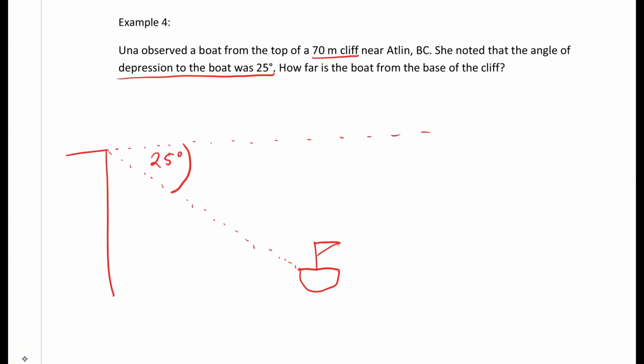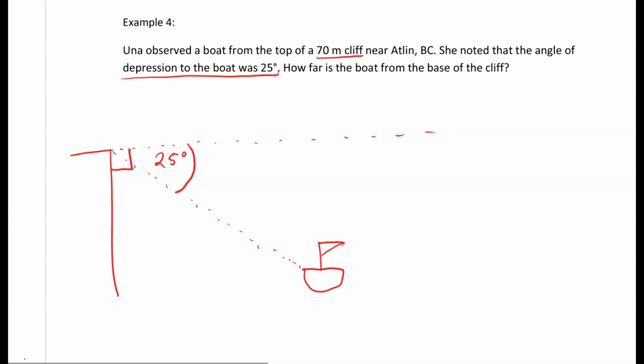With the cliff dropping straight down, what we're going to get at the top is a 90-degree angle. So if we have 90 degrees subtract 25, which is our angle of depression, we can find that that missing angle there is going to be 65 degrees.